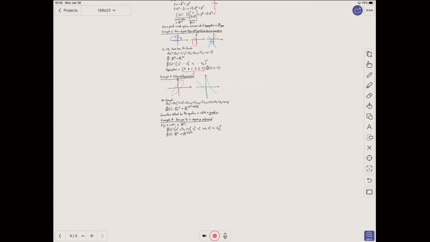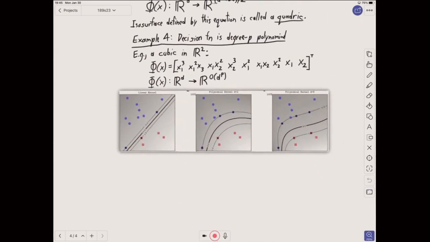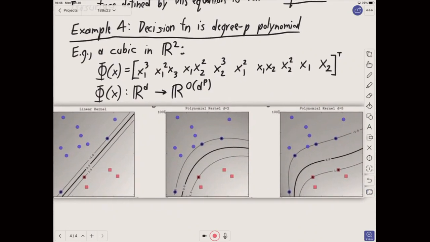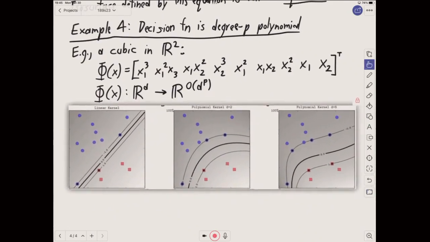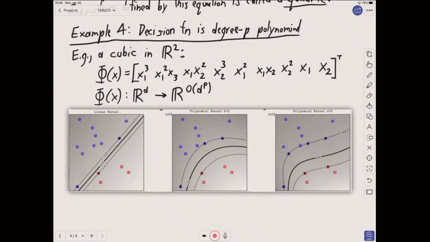But right now, what I just want to do is show you what you get when you try different polynomial degrees. So here's a nice example I found online somewhere where what we have on the left is a linear kernel, meaning p equals 1. So you can see that gives you a linear decision boundary.